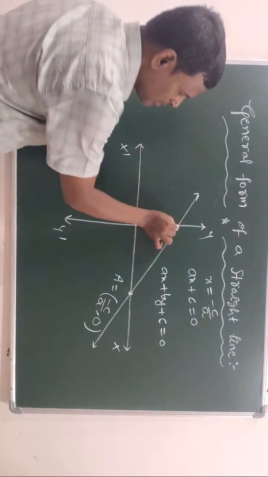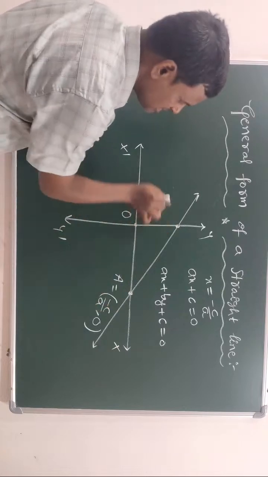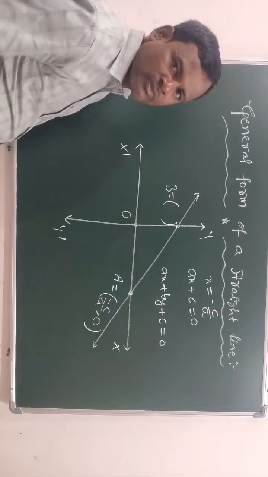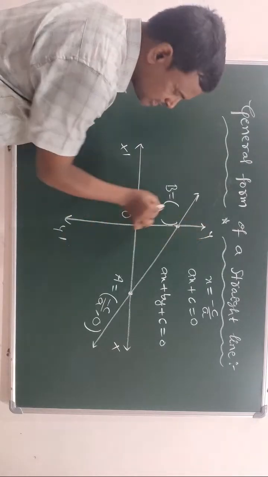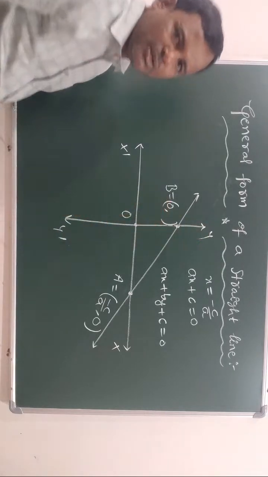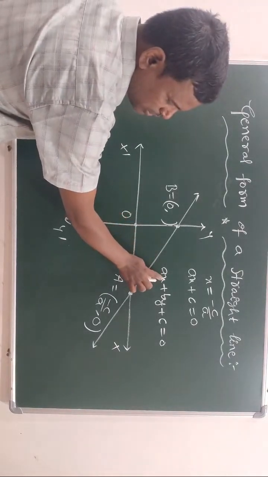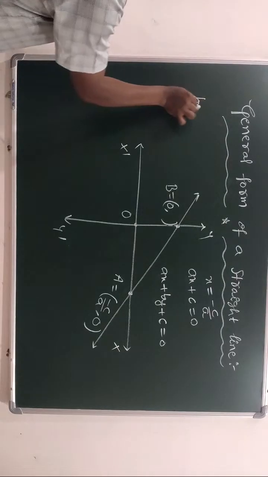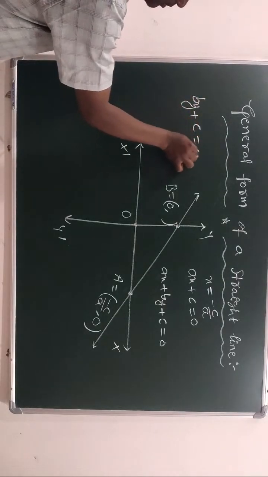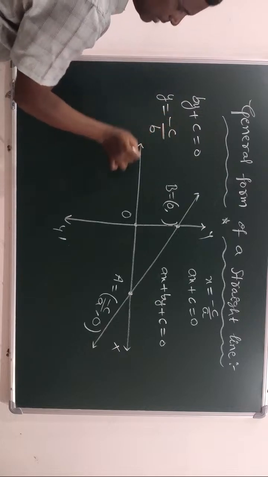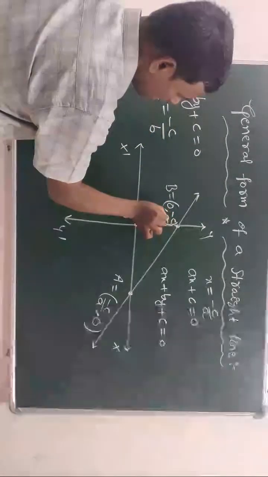In the same manner, this line is intersecting the y-axis at this point. Find this point's coordinates. This point is on the y-axis, and the respective x value is 0. Now put x value 0 here. If you write x value 0, then it becomes by plus c equal to 0. Now get the y value. y equal to minus c by b. Now write here minus c by b.